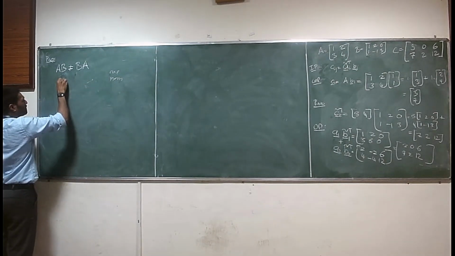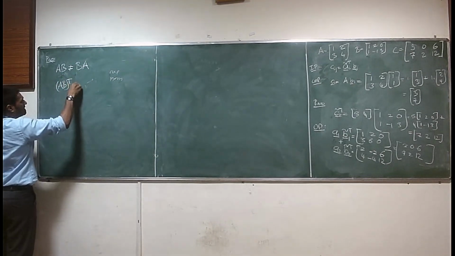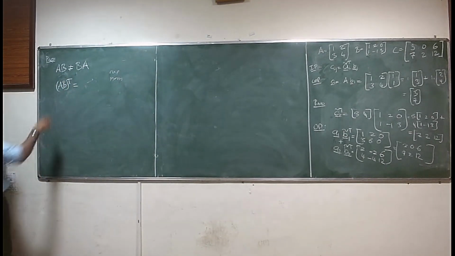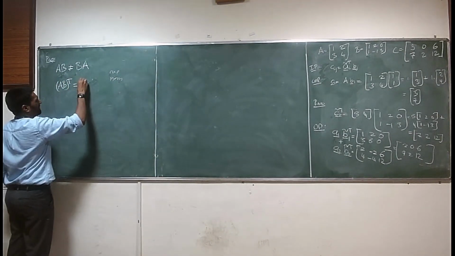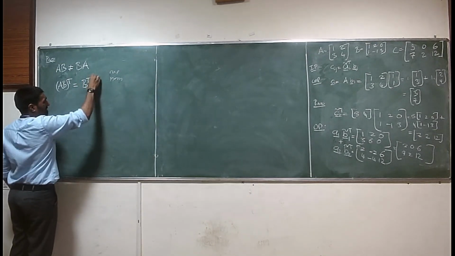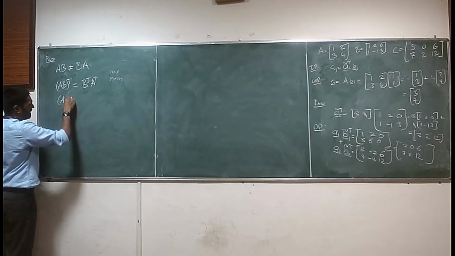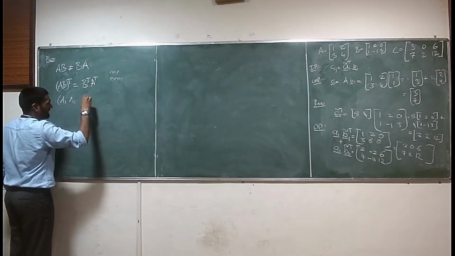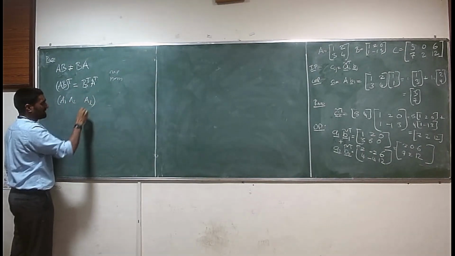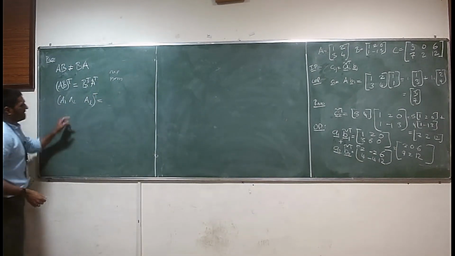And another useful property is this. It turns out this is fairly simple. In fact, this also extends to if you have A1, A2, up to AL, a finite number of matrices, you take the transpose.